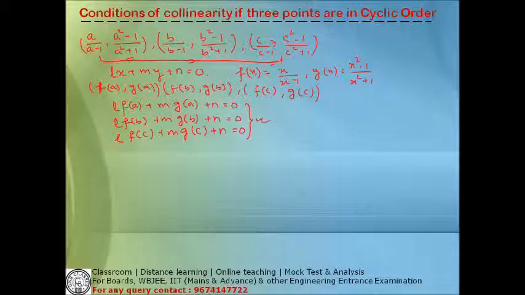Now combining these three equations, we can write L f(x) plus m g(x) plus n equals to 0. For this equation, we will say that there are three roots which are a, b, and c. Is this clear to all of you?